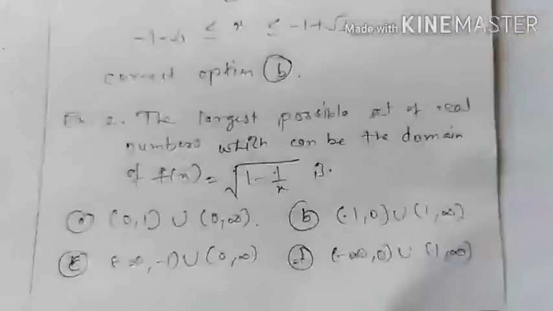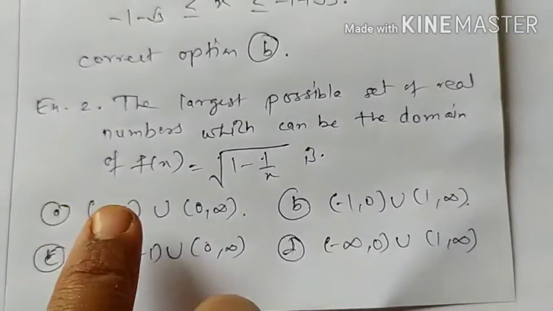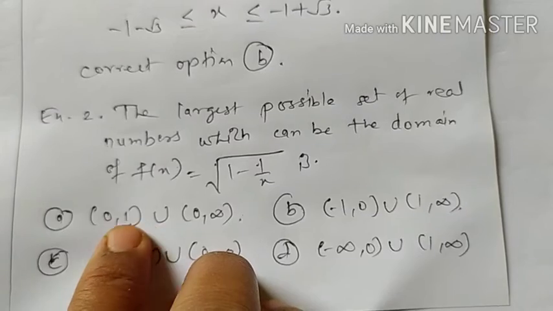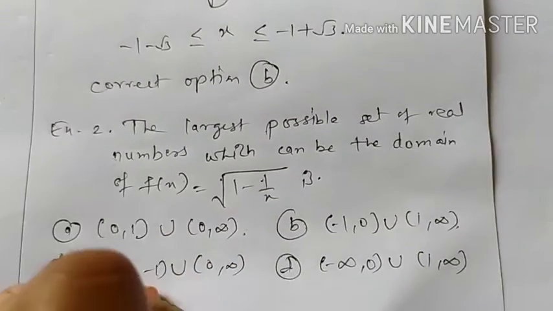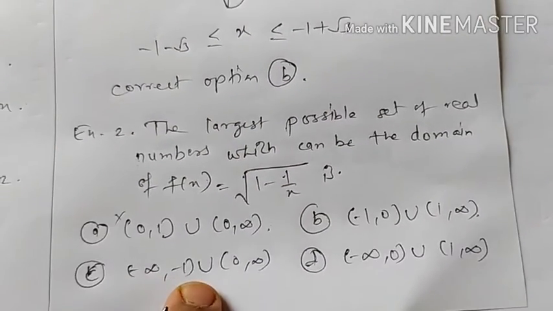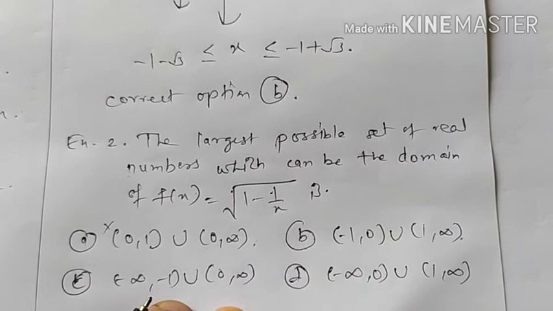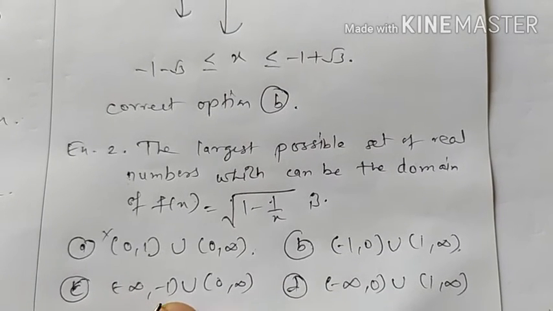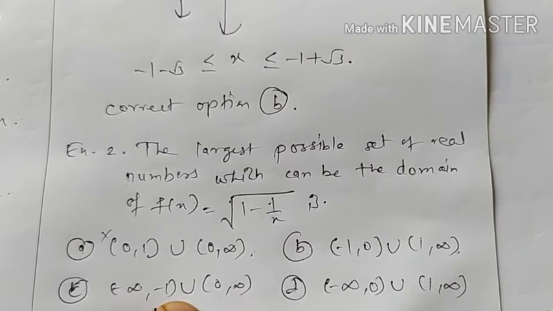See students, in this option 0 to 1. Now there is no value of x between 0 to 1. So we will not consider this option. Now minus infinity to minus 1. Okay, so the number is less than 0, it is strictly less than, it is not equal to 0.